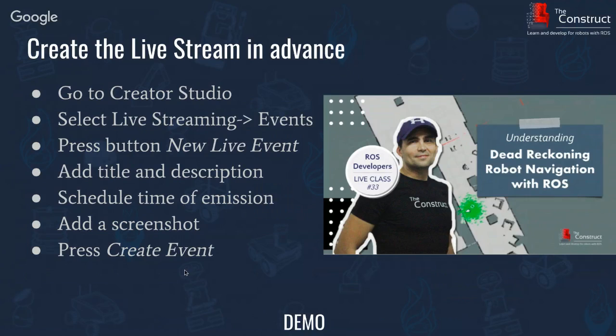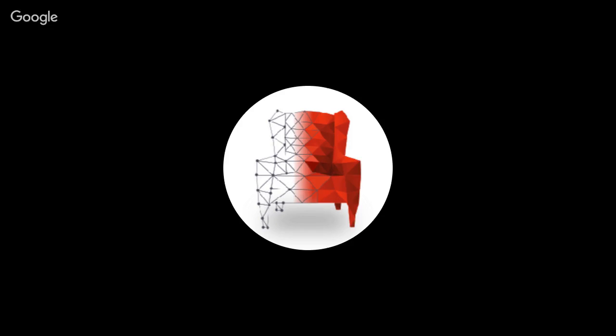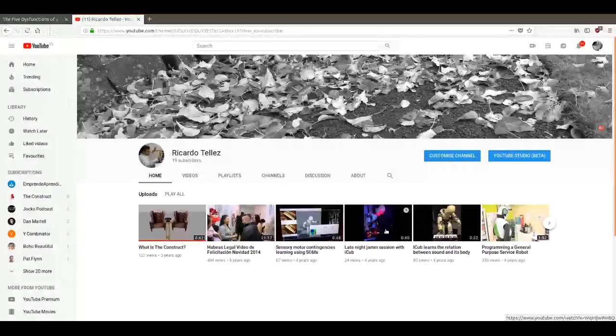Let me change the screen sharing to another one where you can see how to do it. I'm going to do it live. So I'm going to stop sharing this, and I'm going to share another window of my channel.